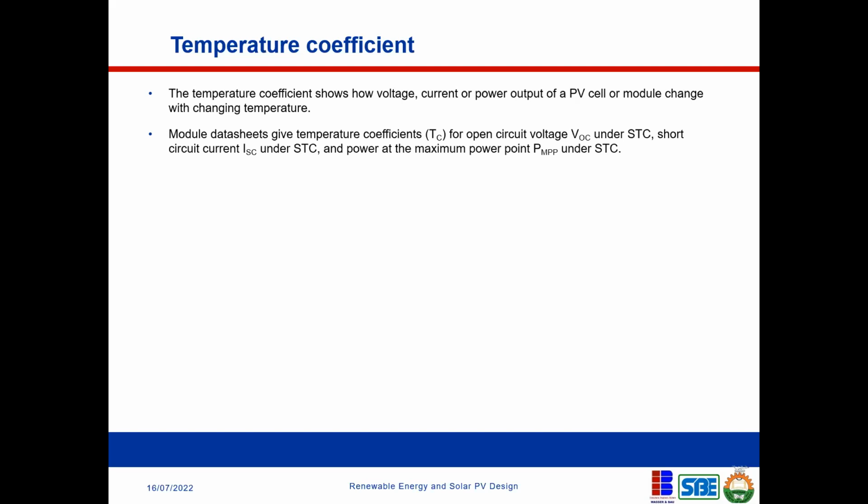Okay, so the module datasheet gives the temperature coefficient, known as Tc, for open circuit voltage under standard test condition, as well as the short circuit current under standard test condition, and the power at the maximum power point under standard test condition.